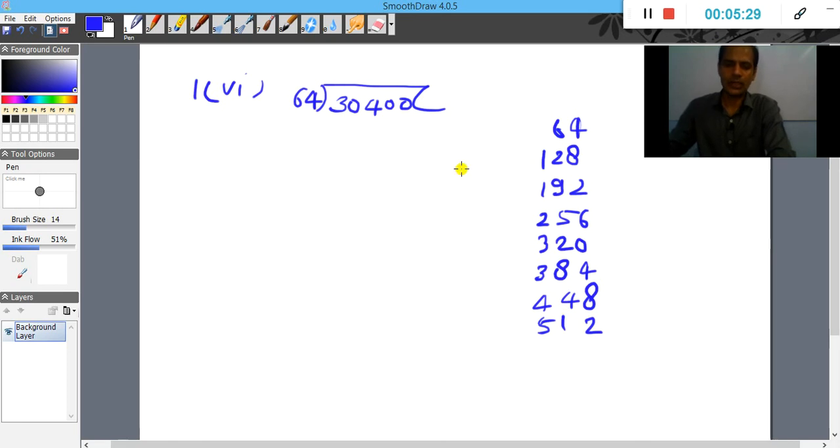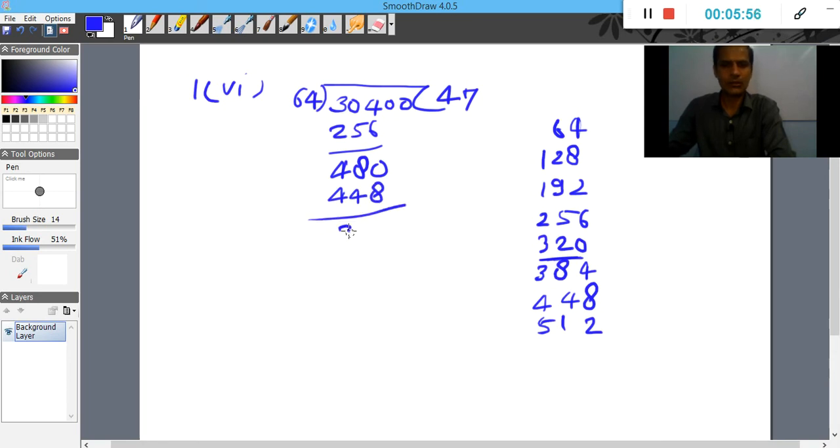Then if you check the table carefully, 64 divides 4 times, okay, that is 256, because 320 will be bigger. So after subtraction we have 48, copy 0, it is 480, 64 7 times 448.